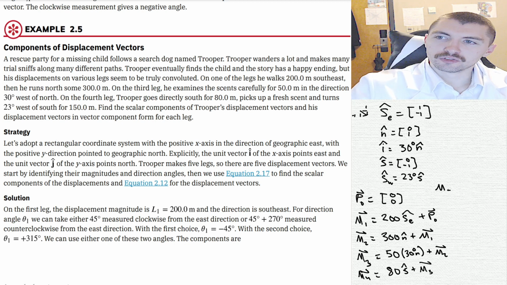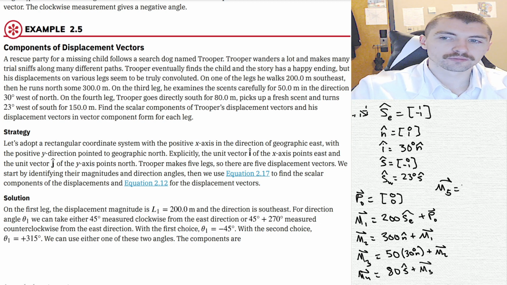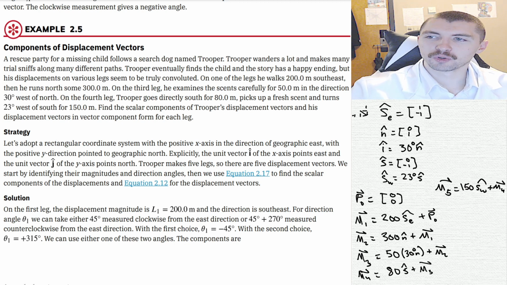Then the last move is 150 meters times the next direction. I've already shorthanded this, so southwest plus M. And this should have been 30 degrees north, should have been i hat, but you get the point.